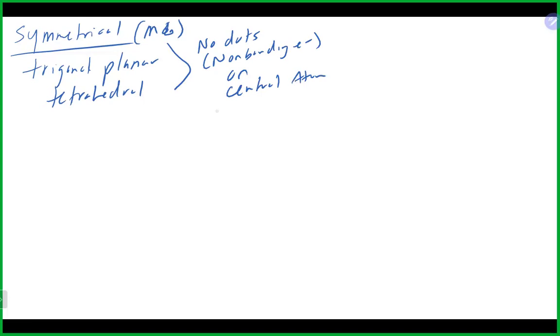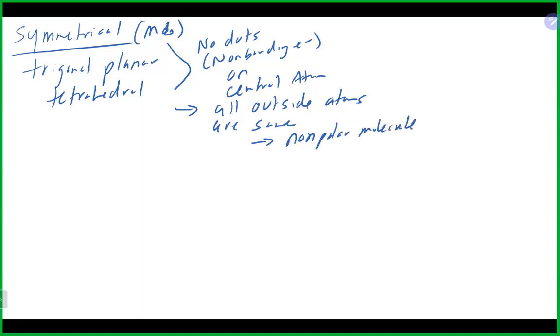And if all the outside atoms are the same, you will have a nonpolar molecule. And that is because everybody will basically end up symmetrically apart from each other, and they will all cancel out.